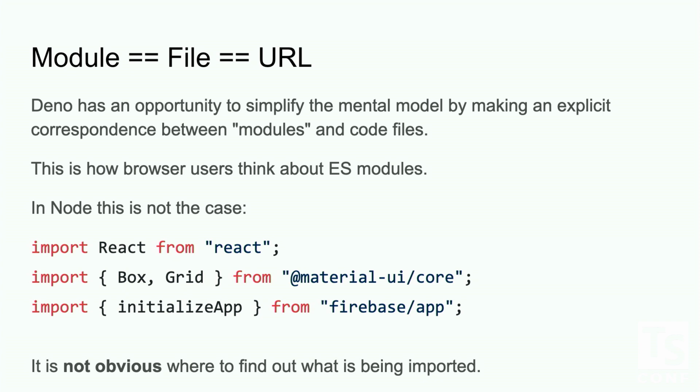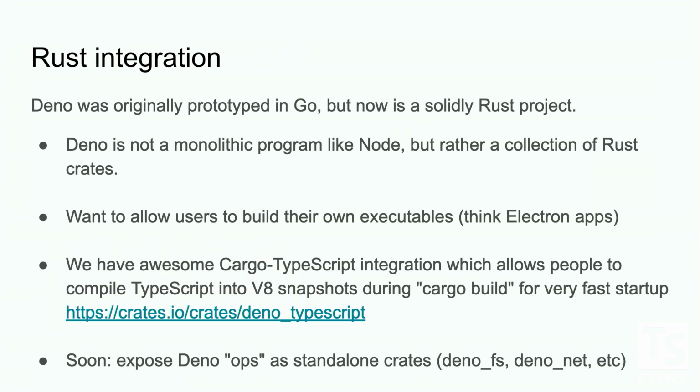And if you're in TypeScript and you're making a relative import to another TypeScript file, it's not totally clear that the concept of a module and a file aren't necessarily the same thing when you're programming with Node. And in Deno, we're making this explicit. So files are modules. And I think this simplifies the mental model for users. If we can always say that what is a module is a file. How do you reference it? You always give a relative URL or an absolute URL to it.